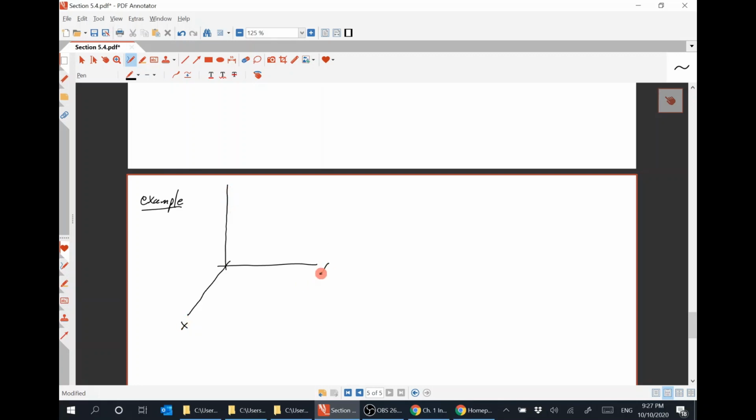So here's the x-axis, y-axis, z-axis, and let's mark off 1 on each axis. So now consider this solid I'm about to draw.